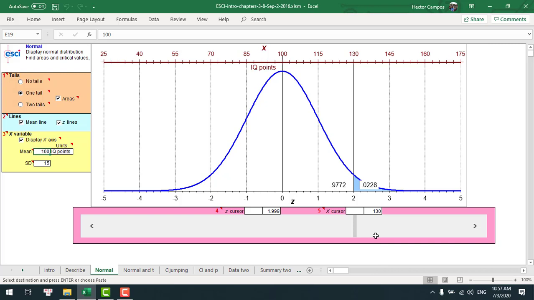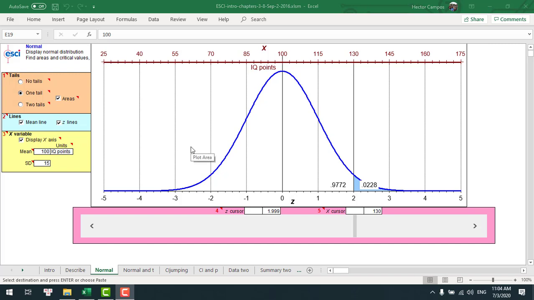So then that means then that you are on the top 97.7%, and that also means that you're among the 2.28% of the most intelligent people if you have a score, an IQ of 130. Okay, so the normal standard distribution allows us to compare you with the rest of the population, to see where you are in terms of the population.